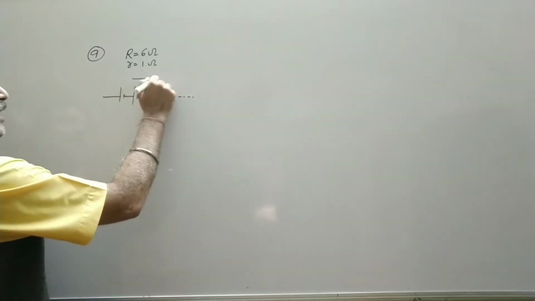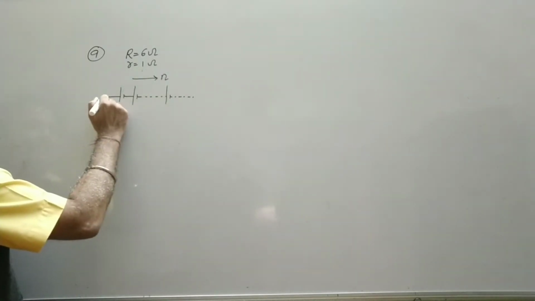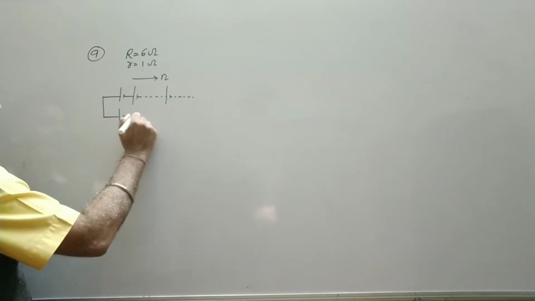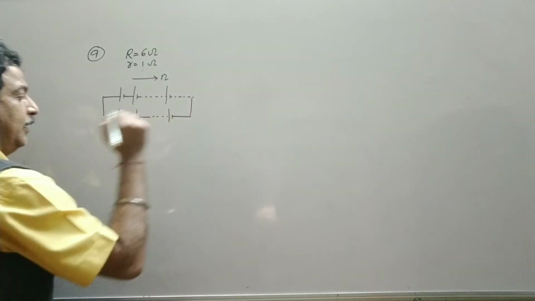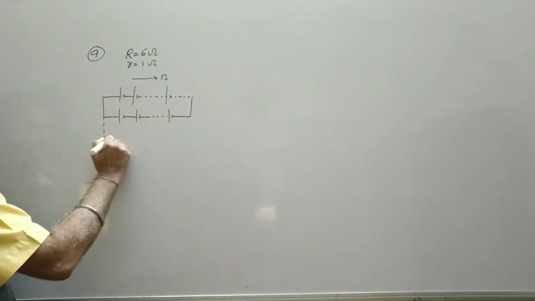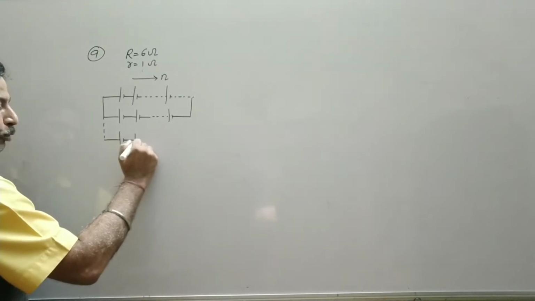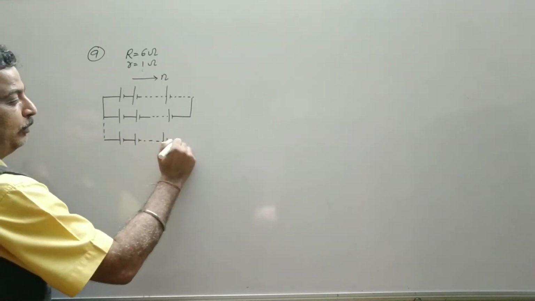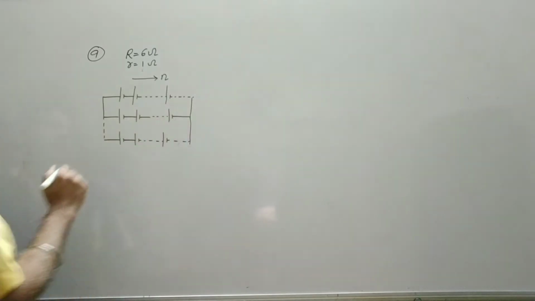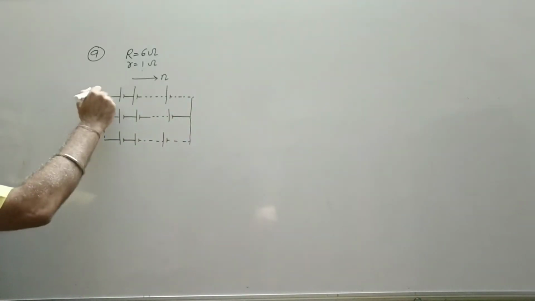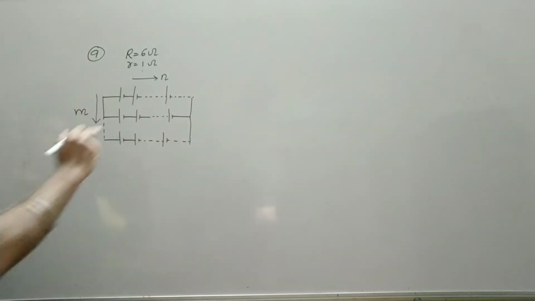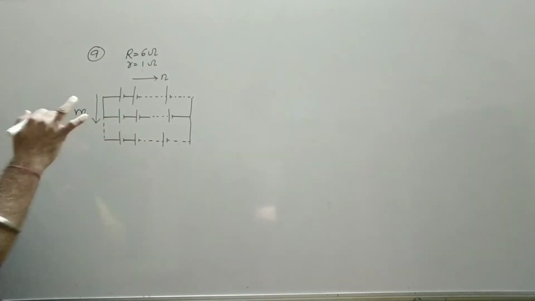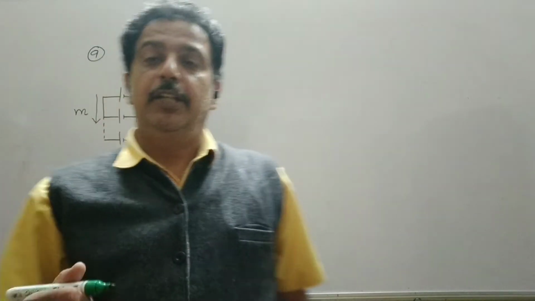Let n be the number of cells connected in series, and we made such rows; let the number of rows be m. So we have n cells connected in series, and such identical rows, m of them: row 1, 2, 3, 4, 5, up to m rows, which we don't know.